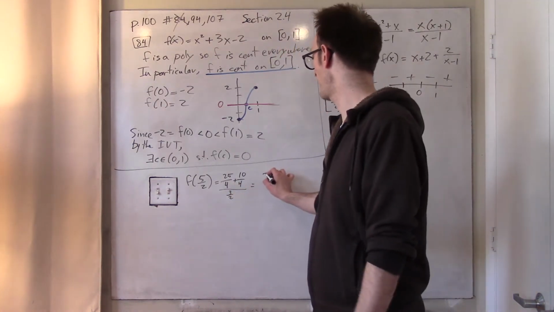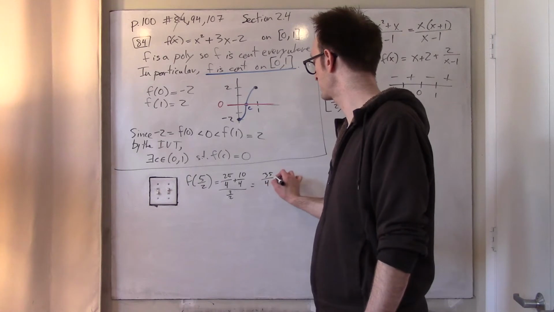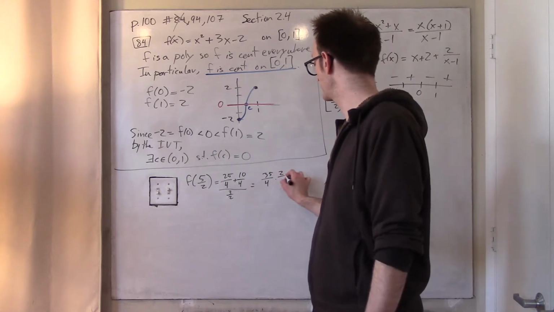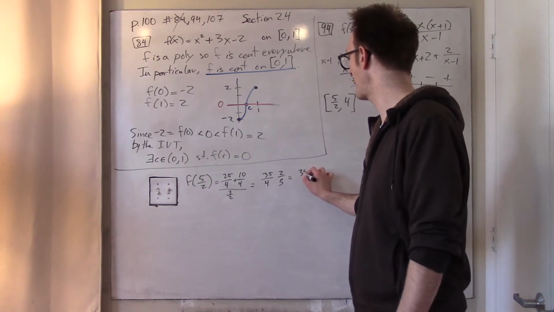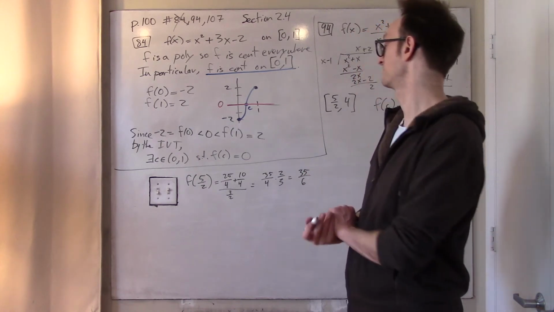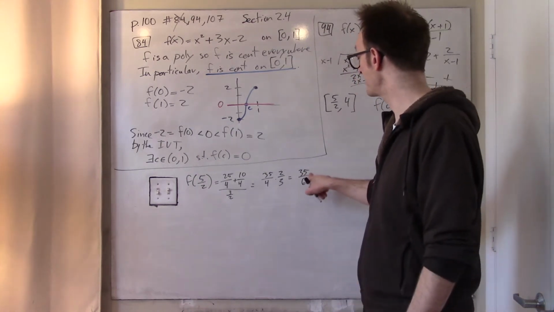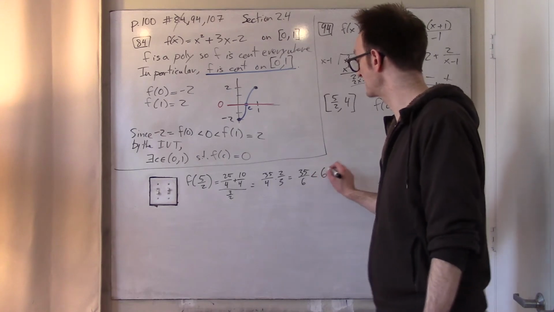So this is 35/4 divided by 3/2, so times 2/3, and indeed I get 35/6. Well, 35/6 is slightly less than 6.